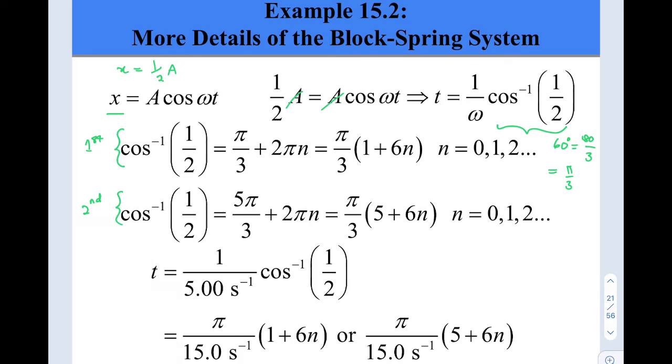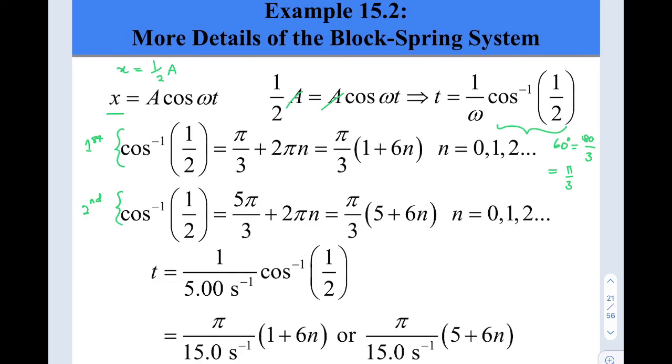For this one, why is it 5 over 3 here? Why is it 5 over 3 here? It's because it has already passed through the initial condition here, pi over 3 plus 2 pi.